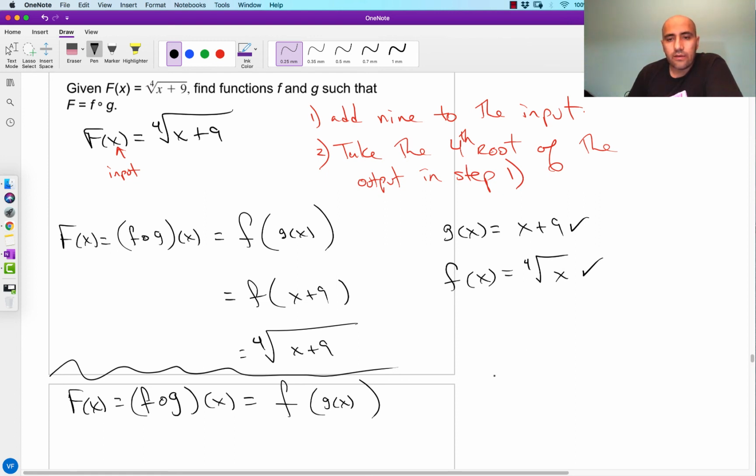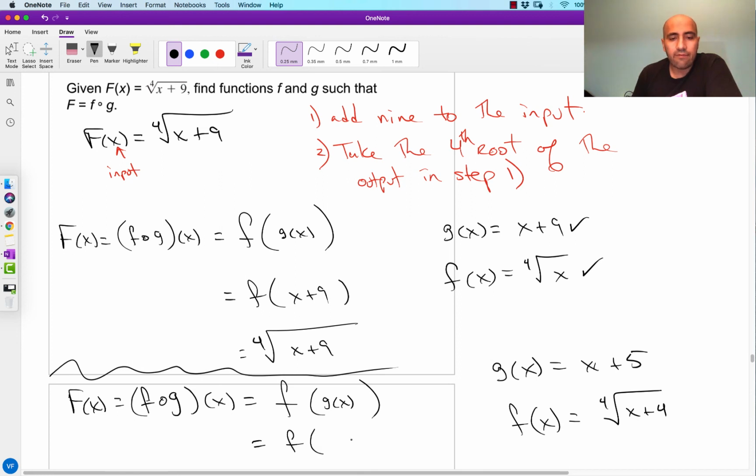How about if g of x doesn't add all of the values, maybe it's just x plus 5. So I'm going to do part of the work there. And now the f of x function is the fourth root of x plus 4, so that when I input that into there, I'll get the desired result.